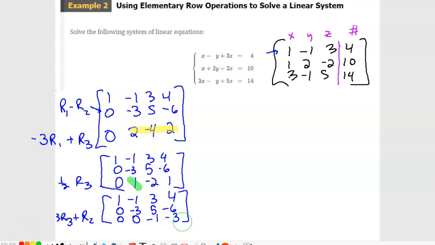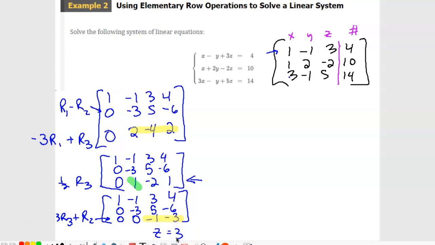I took 3 times this row, added it to row 2, and recorded everything right here. So that's 0, 0, negative 1 equals negative 3. From here, I can see that z equals 3.